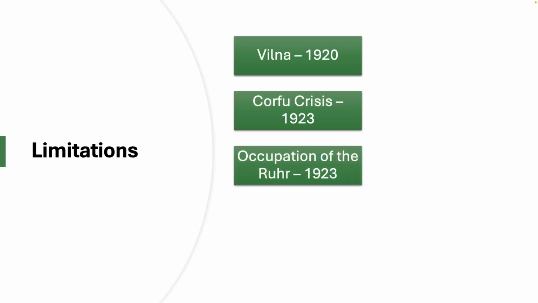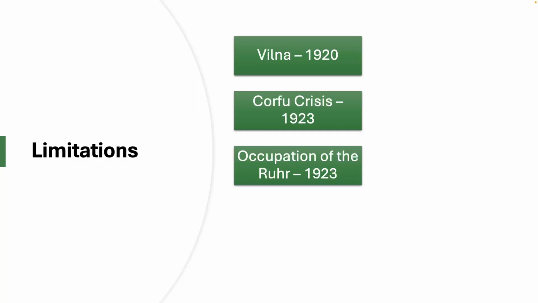In 1923, when Germany failed to keep up with its reparations payments, both Belgium and France decided to occupy the Ruhr region, a coal mining industrial region of Germany, without the League's consultation.